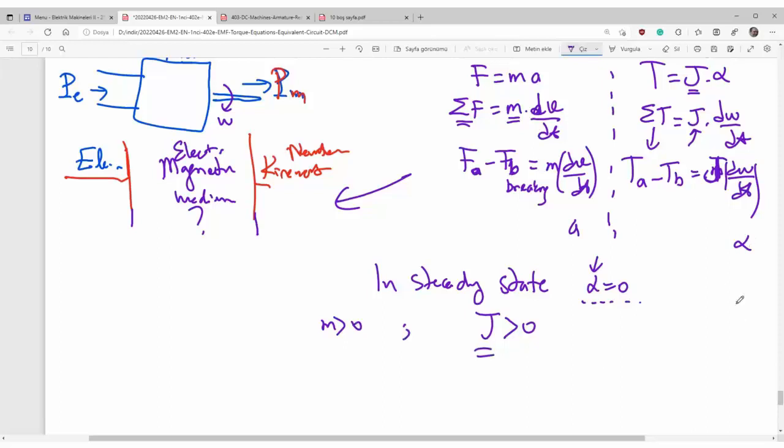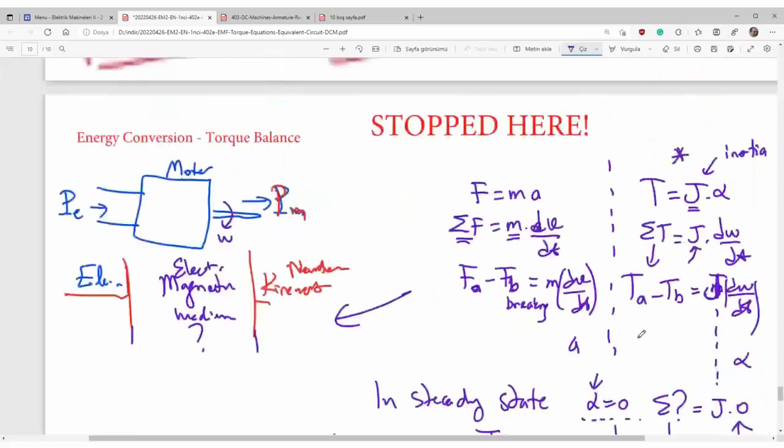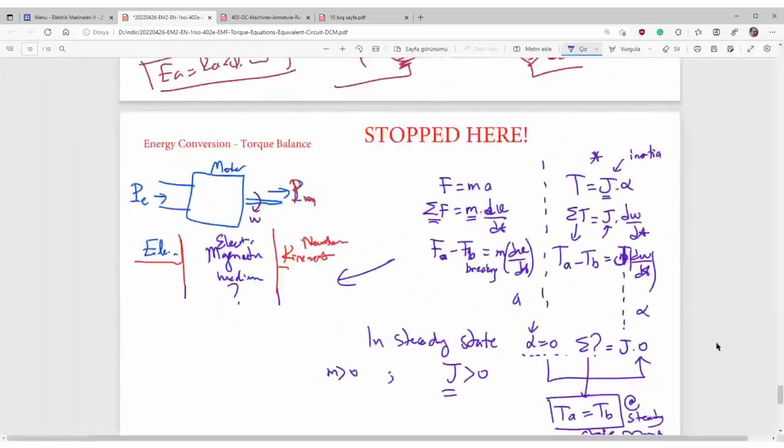So here is positive, and here is zero due to steady state operation. So what about here? Applied torque must be equal to braking torque in steady state operation. It must be in balance.